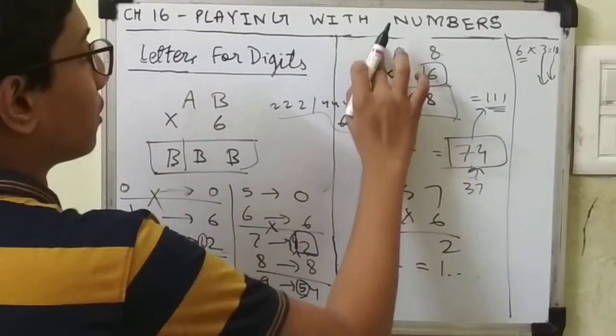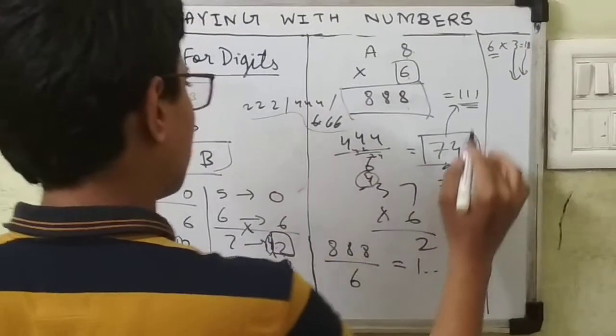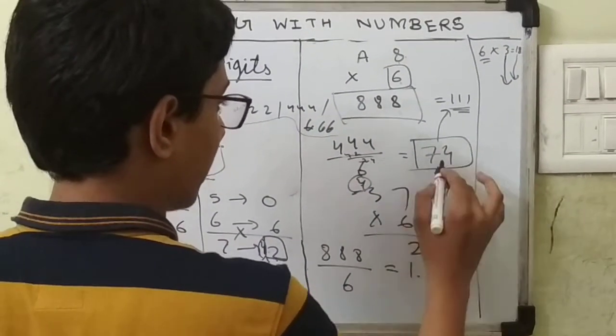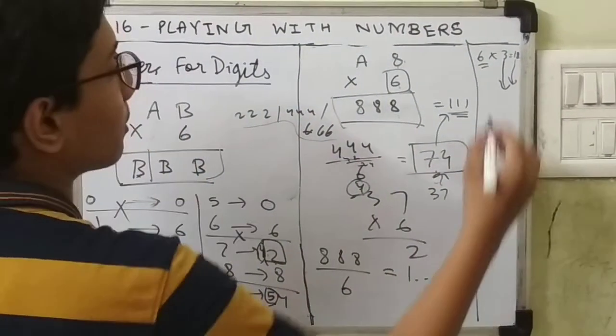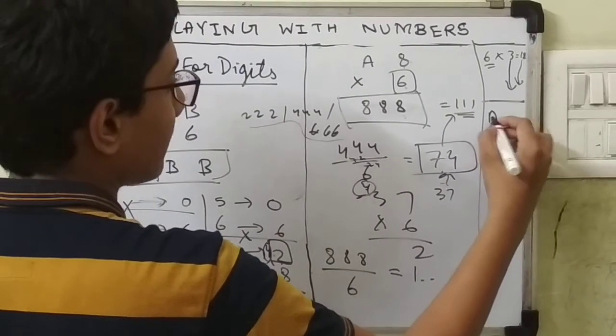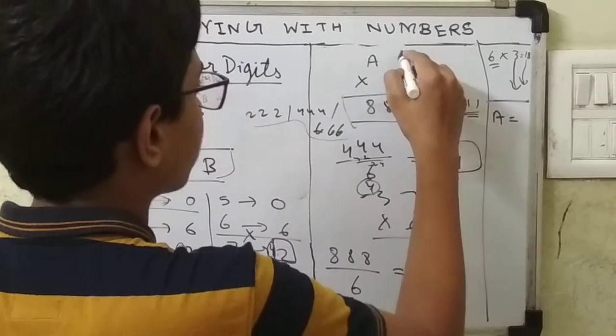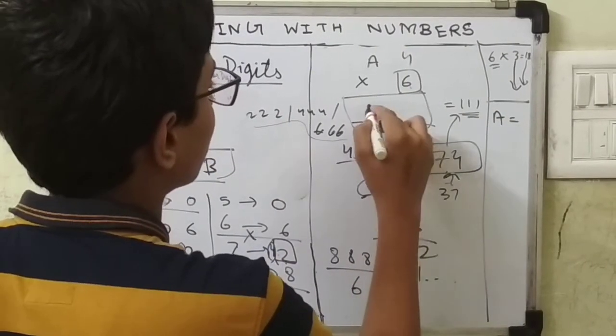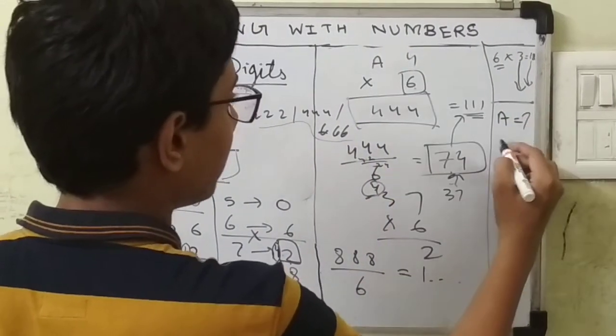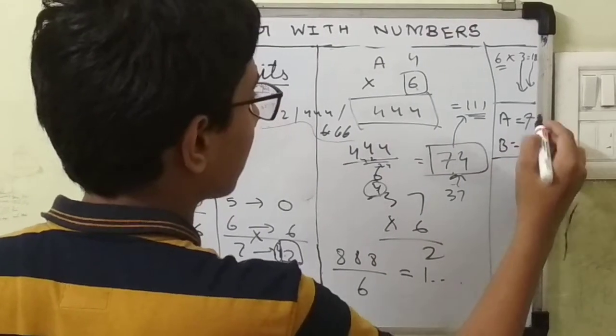So with this I can say that the answer is limited only to these two, and we have got only one answer. That means our final answer is A equals 7, B equals 4. This is the final answer.